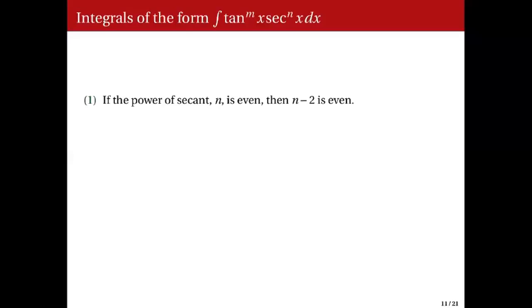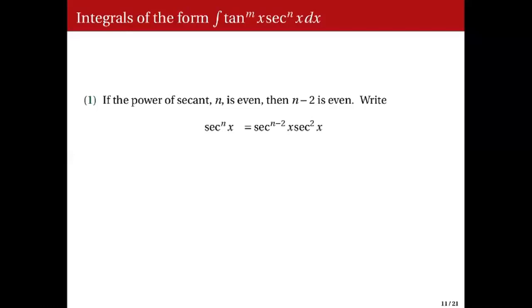Okay, so what we're going to do is to extract secant squared. So we will decompose secant to the n x into secant to the n minus 2 x secant squared x. And since n minus 2 is even, we'll convert secant to the n minus 2 x into tangent. Okay? n minus 2 is even.